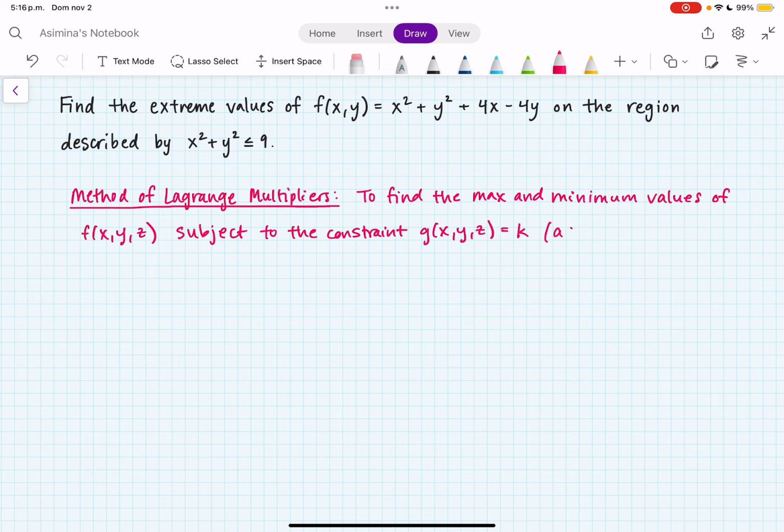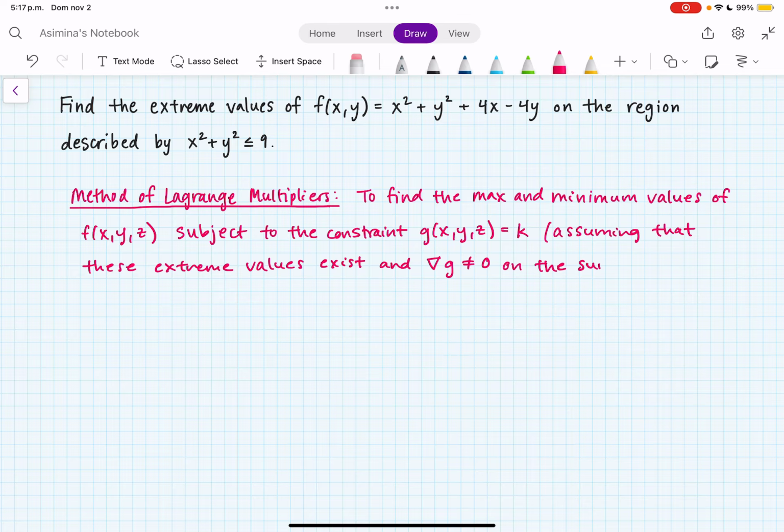And again, this is assuming that these extreme values exist and that the gradient of g is non-zero on the surface g of x, y, z equals k.